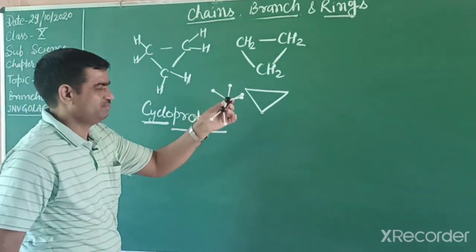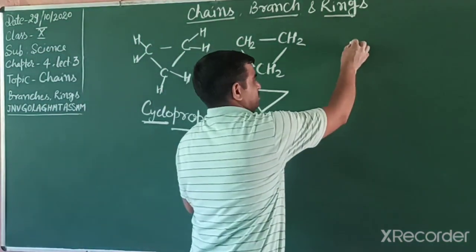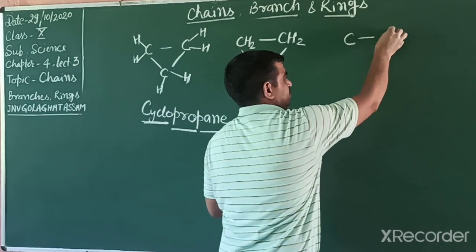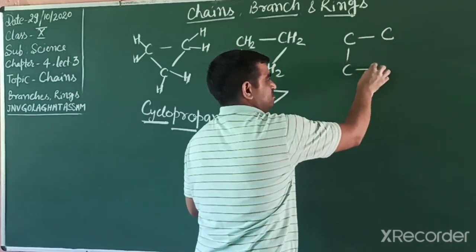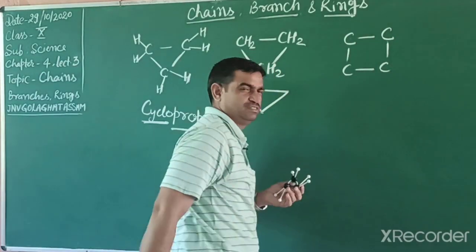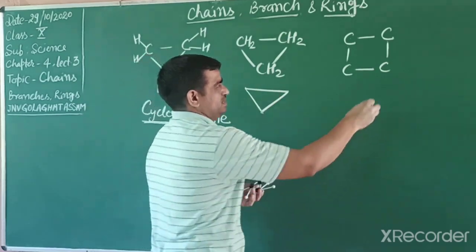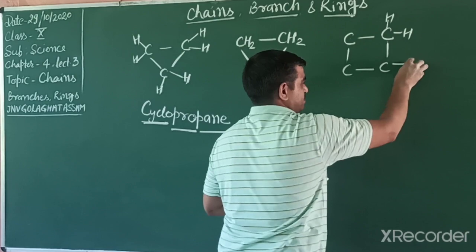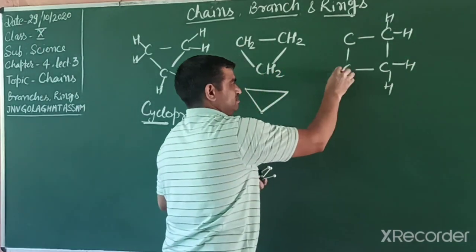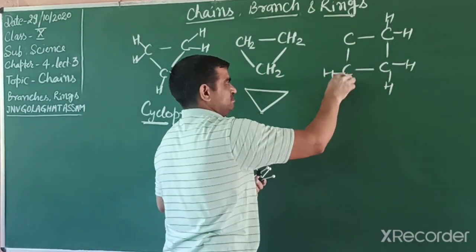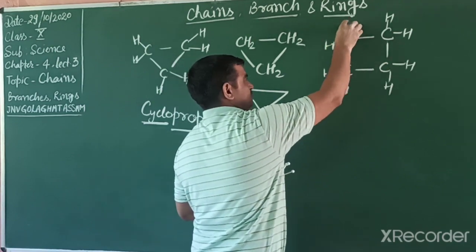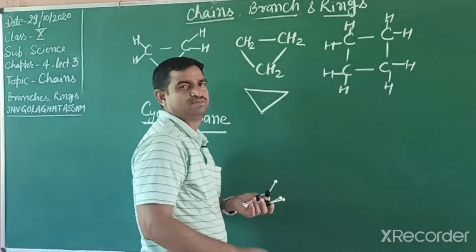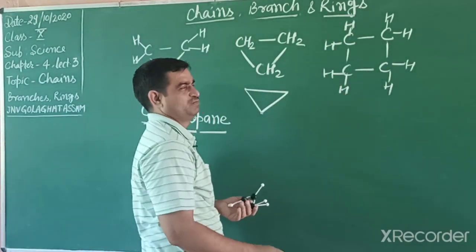Such a type of compound can also be unsaturated, meaning a double or triple bond is also possible. So if 4 carbons make a chain ring like this, we can represent it in such a way. Then after that we can complete the valency. What is the IUPAC name of this compound?